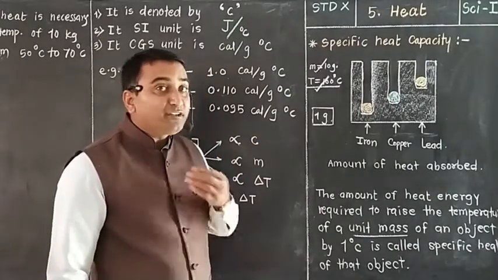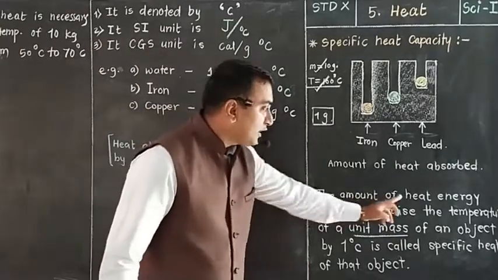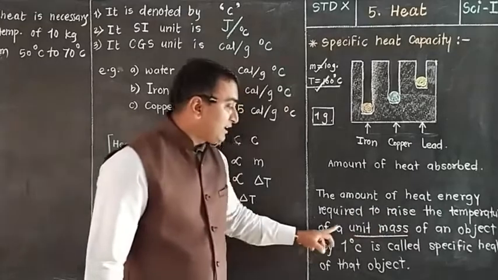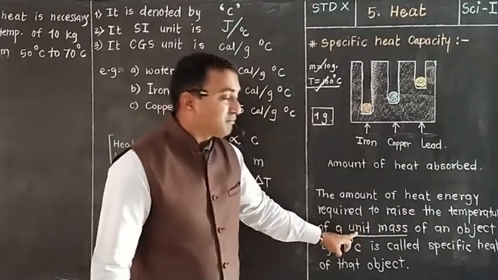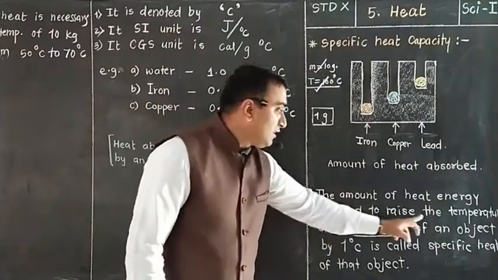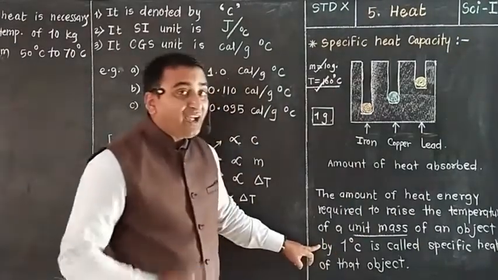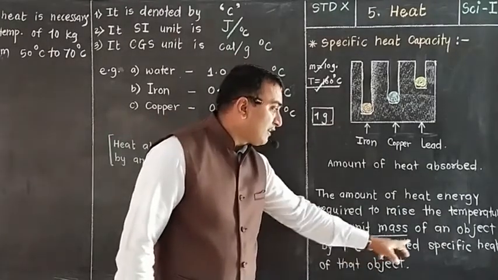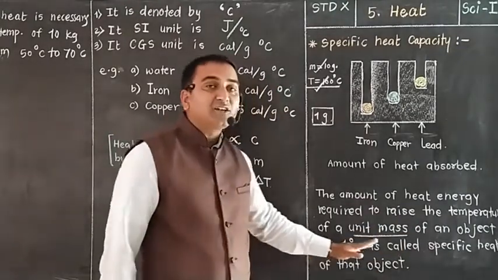So how will you define this one? The amount of heat energy required to raise the temperature of a unit mass, that means 1 gram of that substance or that object, by 1 degree Celsius, is called the specific heat of that object.